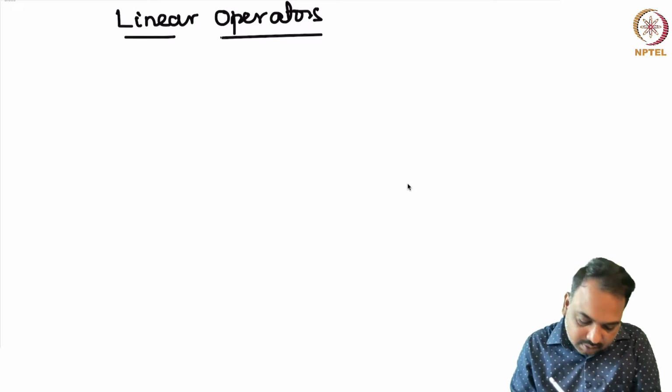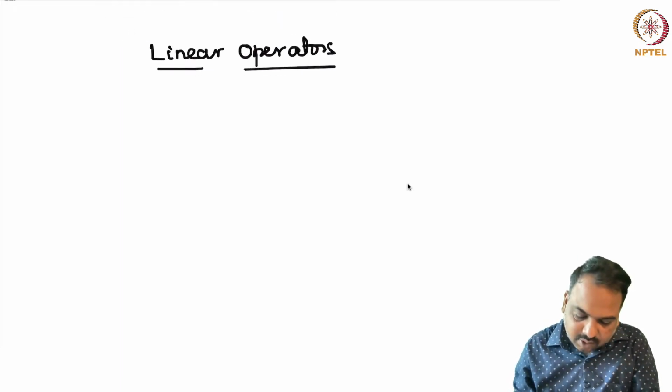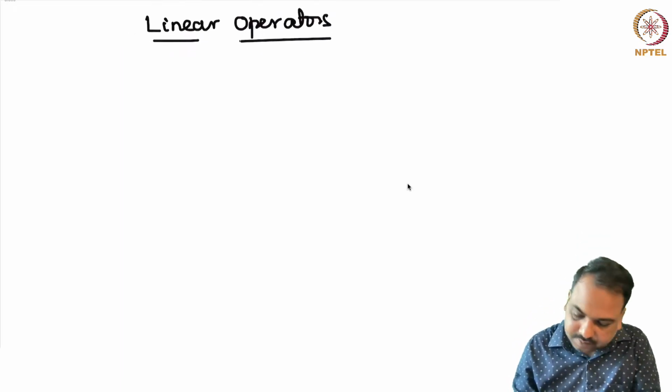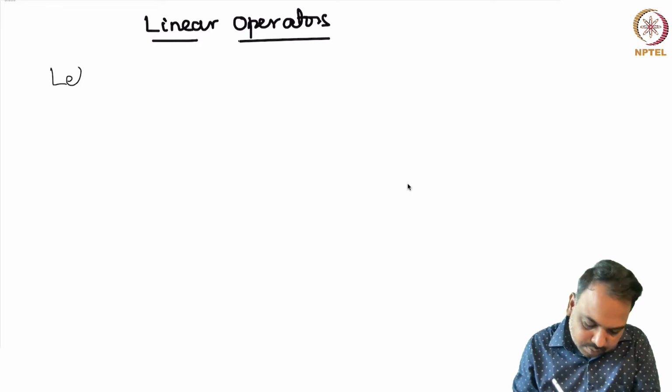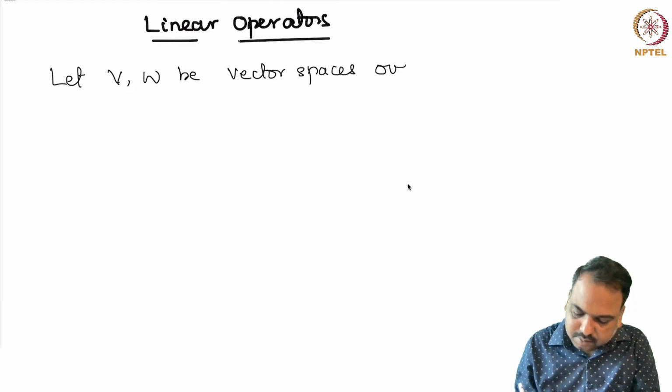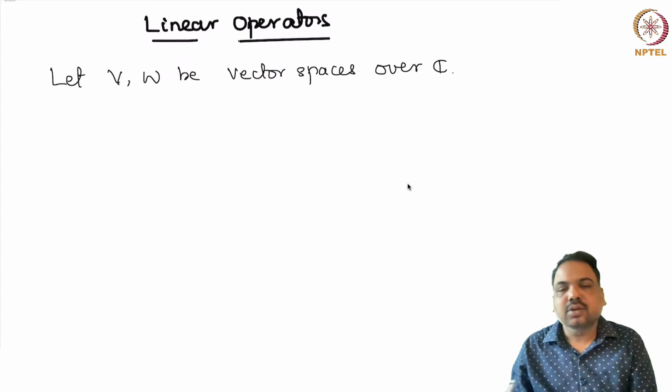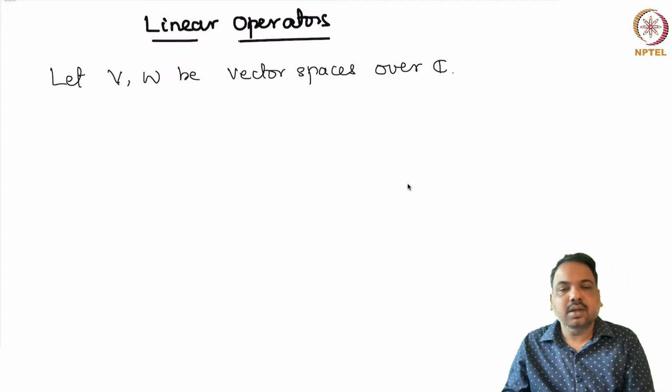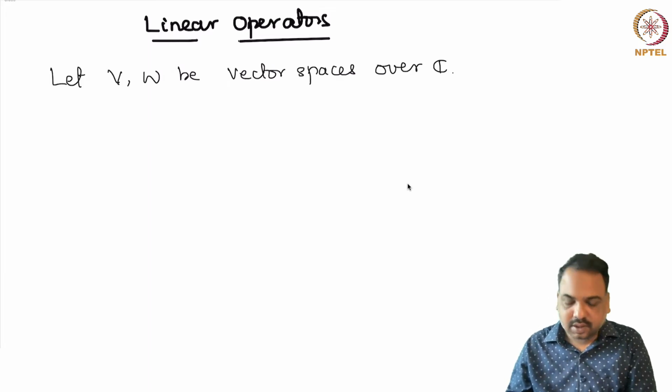So let us take V and W to be vector spaces over C. Throughout the course, we are going to look at vector spaces or Hilbert spaces over the complex field only.